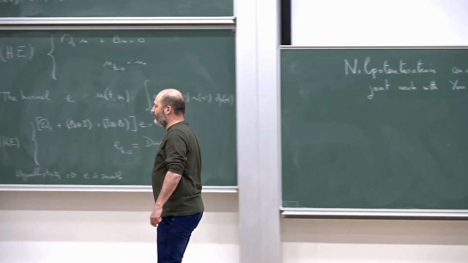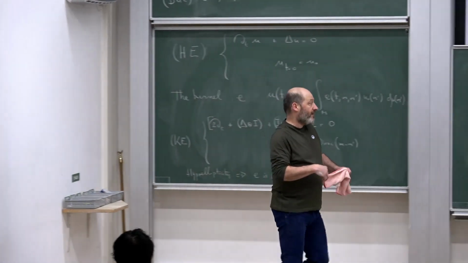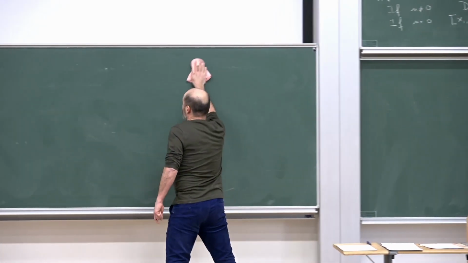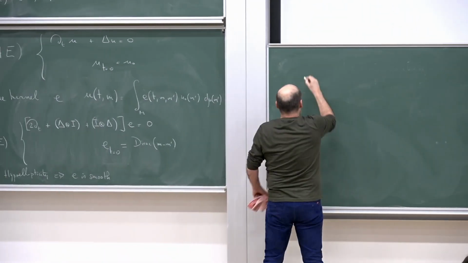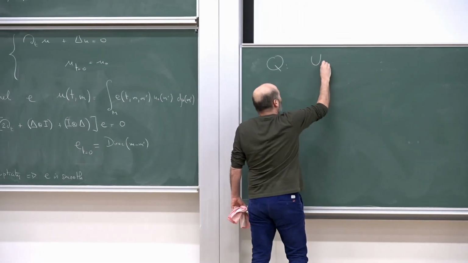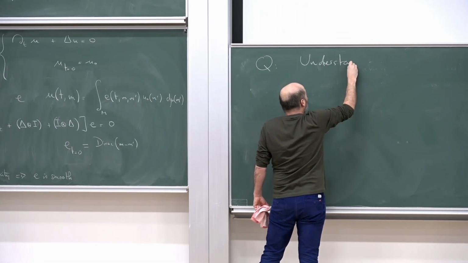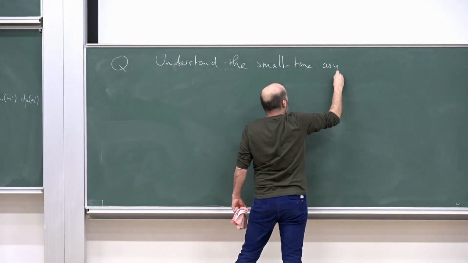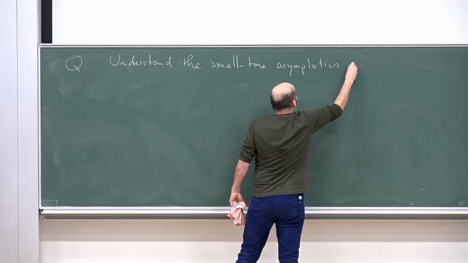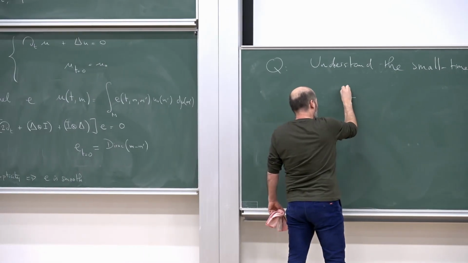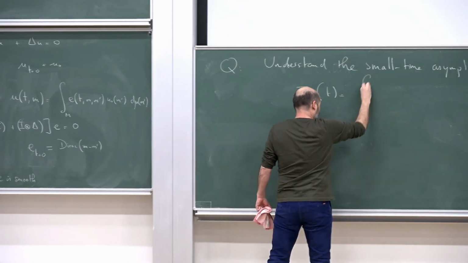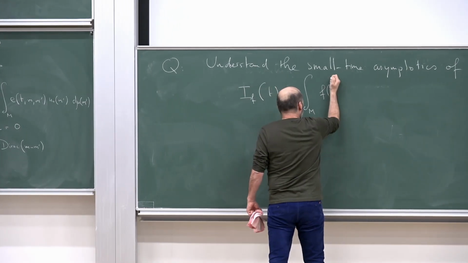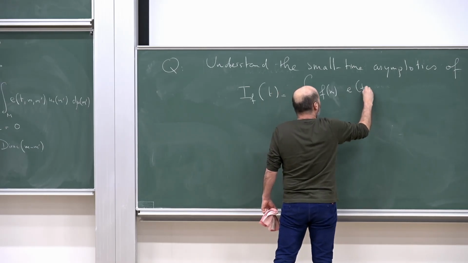And what is the heat kernel approach to spectral theory? What you want to understand is the following quantity: the small time asymptotics of something like this, I_f(t), which is the integral of f(m) e(t, m, m) dm.